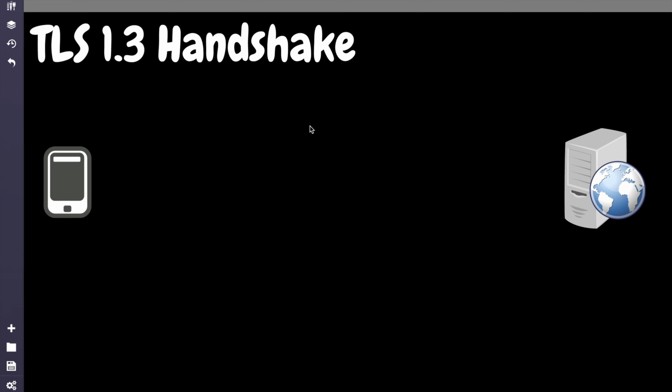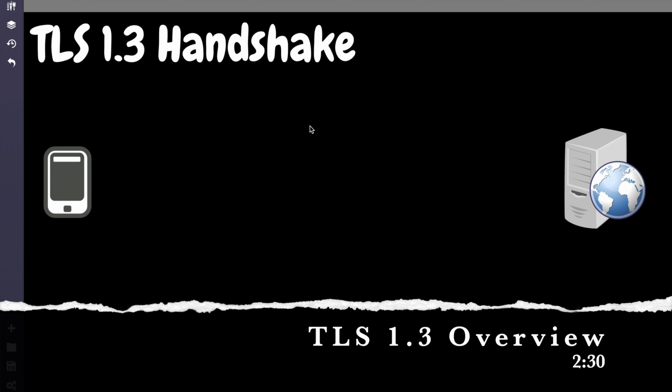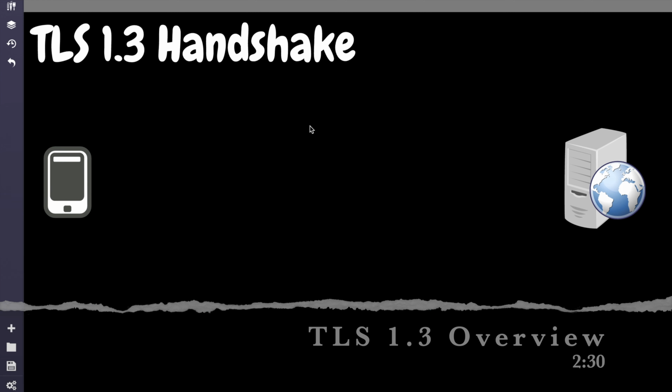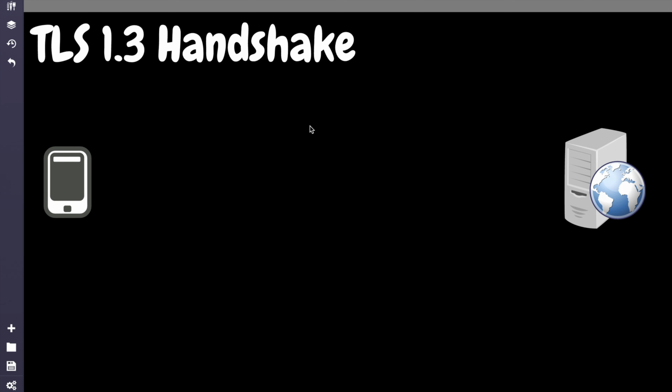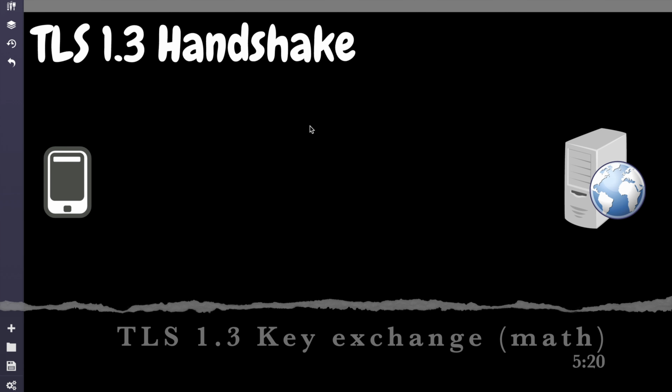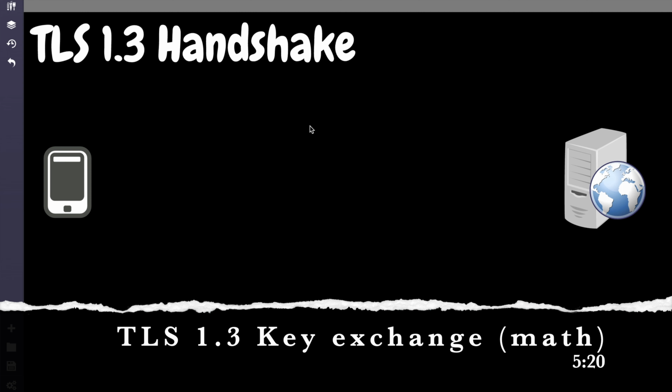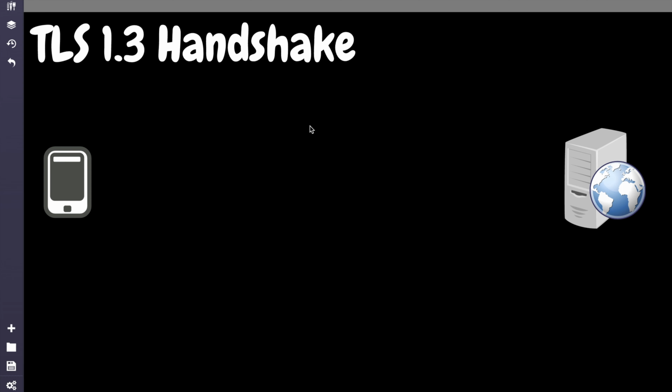So the agenda of this video will be the following. We're going to talk about the TLS 1.3 overview and how it actually works with a GET request, and then the key exchange algorithm of TLS 1.3, Diffie-Hellman, how it actually works, the math of it. As I speak, you should start seeing some time codes so you can jump into the part of the video you're interested in.